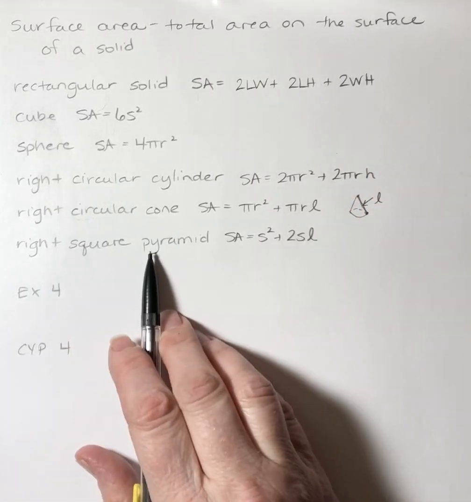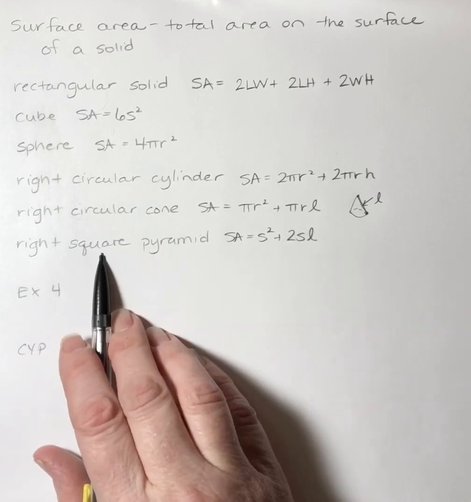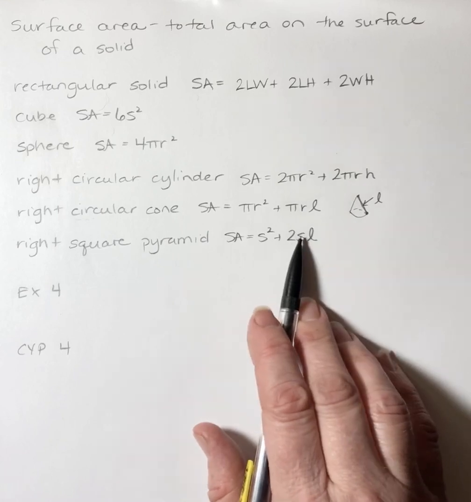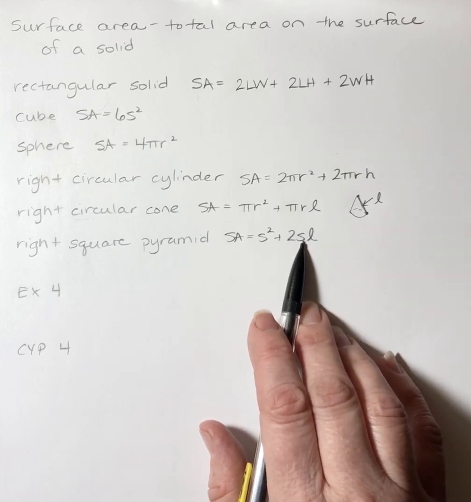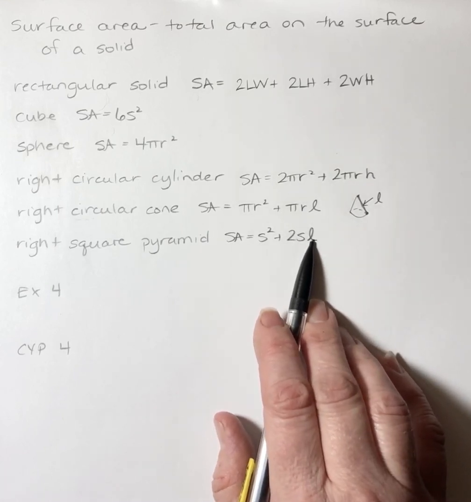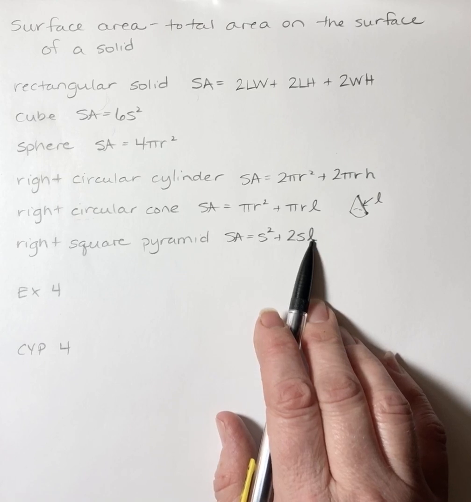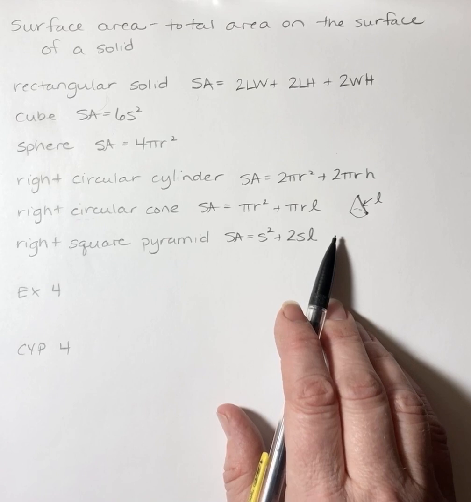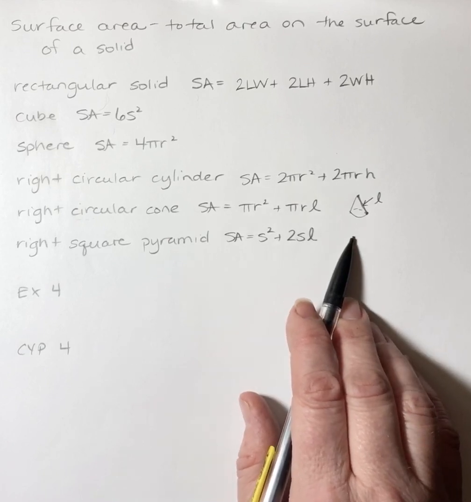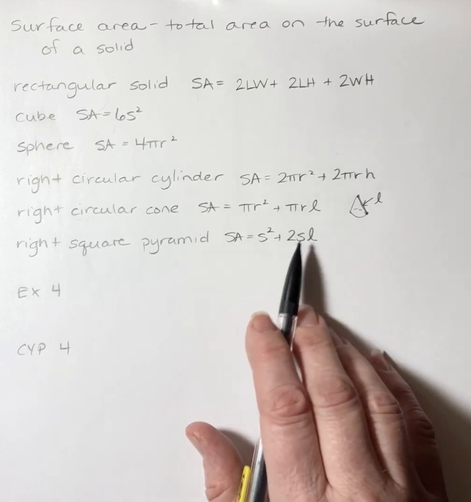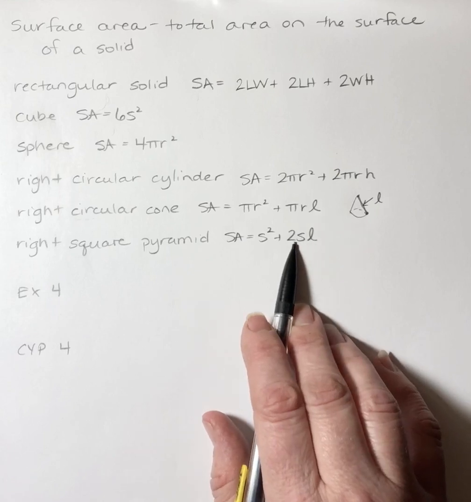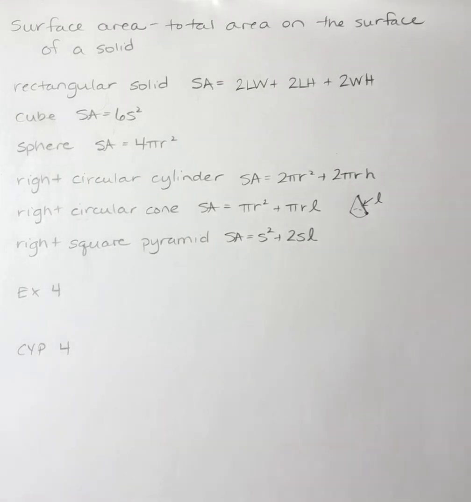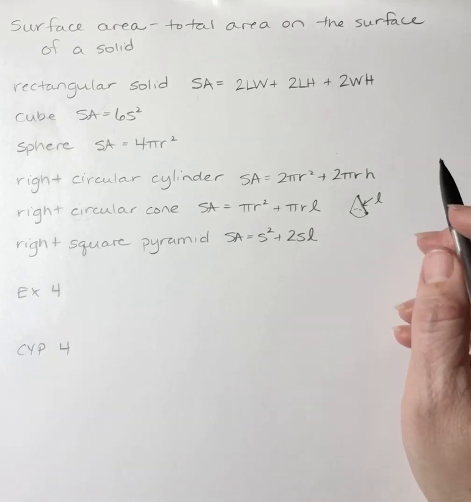And then a right square pyramid. So this is a pyramid that has a square on the bottom. You take the area of the bottom plus 2 times the side length times the slant height, okay? And what this is coming from is you're taking the area of a triangle, the side, and then you have 4 of them. So 4 times a half ends up giving you that 2. And then this is the base and the height of those triangles that are on your sides, okay?